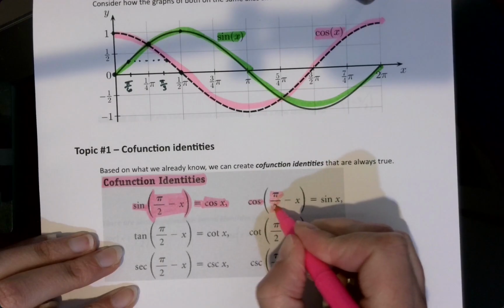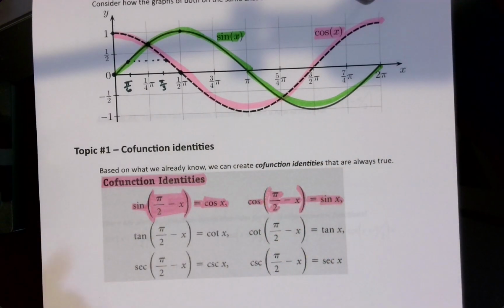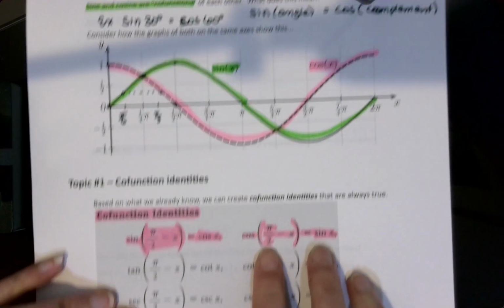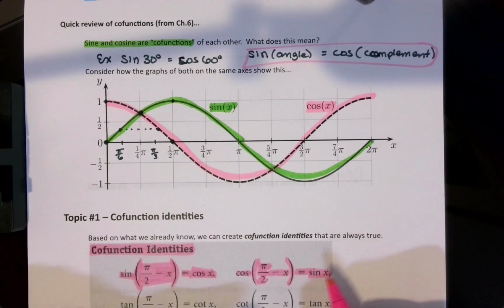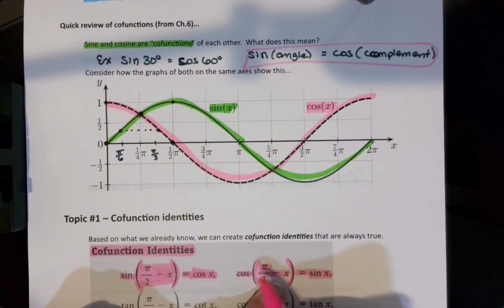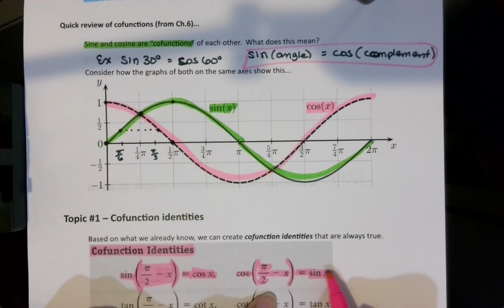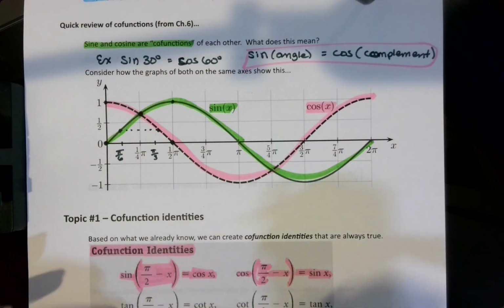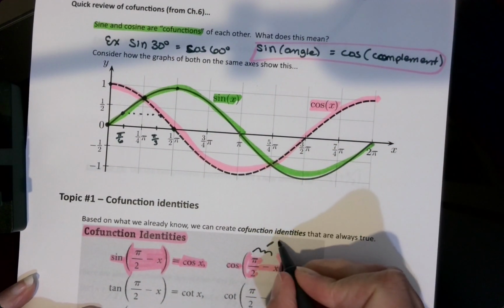The cosine of pi halves minus x is equal to sine of x. This right here is exactly what we set up in words, that the sine of an angle is equal to the cosine of the complement. So the complement of the angle is going to be pi halves minus the angle. Inside this angle right here, that is just the complement.